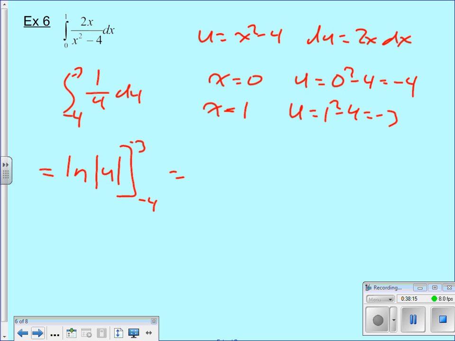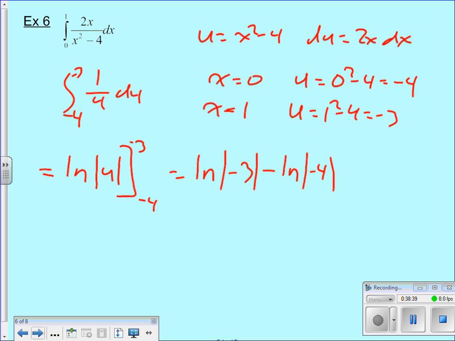So this is the natural log of absolute value of negative 3 minus the natural log of the absolute value of negative 4. And leave it like that unless you really want to pull out your calculator and figure out what the answer is. I really don't care. Why is it absolute value? Because you can't take the natural log of a negative number.